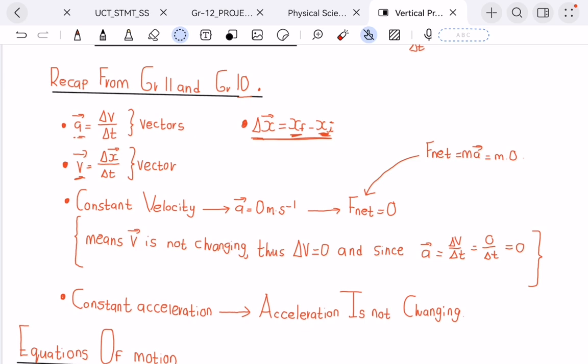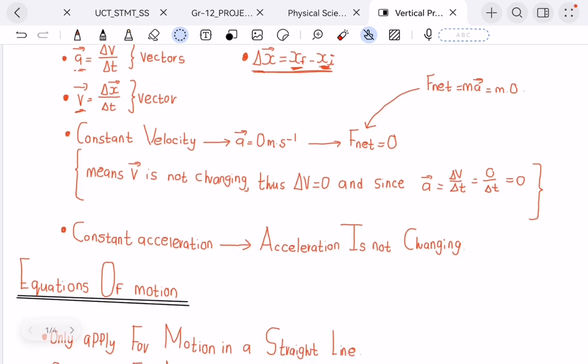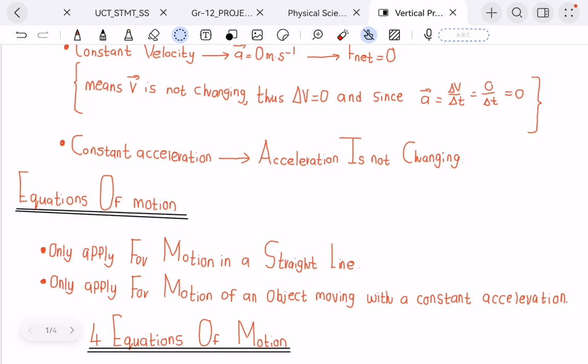These are some of the most crucial things in all of physics in matric, because you will come across this term constant velocity a lot. You have to understand what this basically means. It means that the acceleration that object is moving with is 0, and the net force acting on that object is also 0. As I explained here, v is not changing, thus the change in v is 0, and since acceleration is the change in v over the change in t, that means that our acceleration is 0, right?